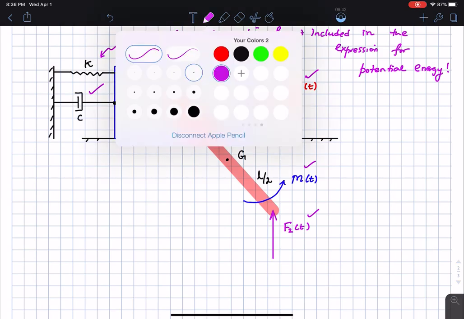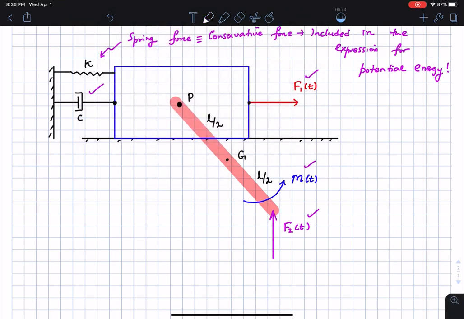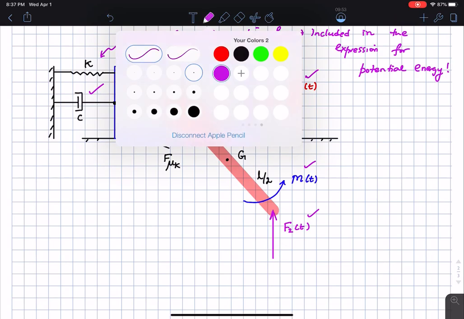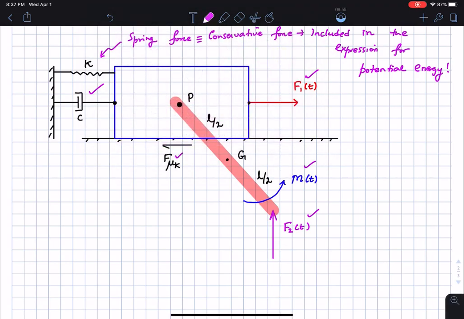If I draw the force of friction, it's going to be opposite to the direction of motion of the cart, right? And so this is going to be F mu, the kinetic friction force here. That's another non-conservative force.